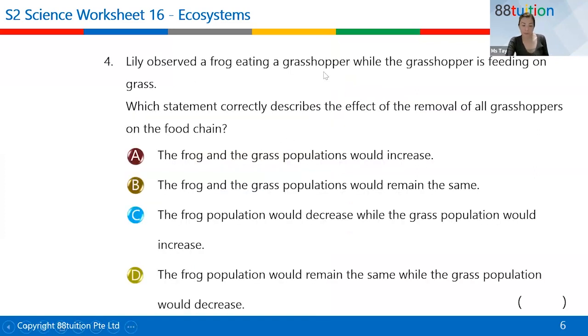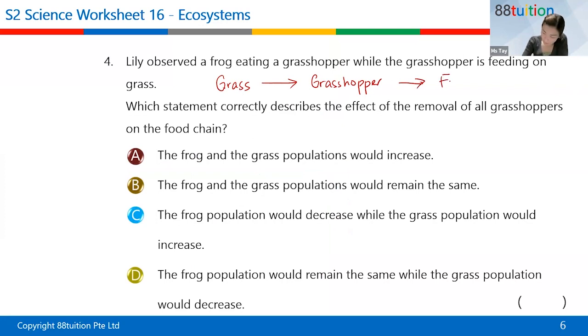Question 4. Lily observed a frog eating a grasshopper. The grasshopper is feeding on grass. So grass goes into the stomach of the grasshopper, and then the grasshopper goes into the stomach of the frog. So what will happen if you remove all the grasshoppers in this food chain?